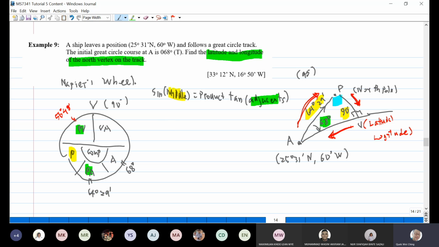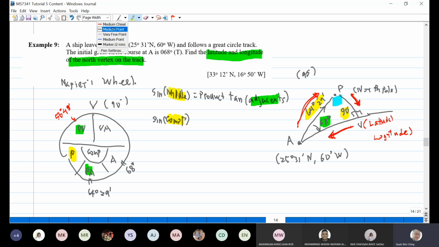This is P, and P is in the lower half, so you must use co-P, because it's in the lower half.